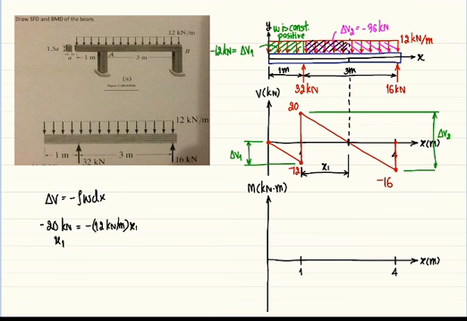And so we can find x1 to be 5/3 meters. So this x1 is 5/3 meters, and this location is 8/3.